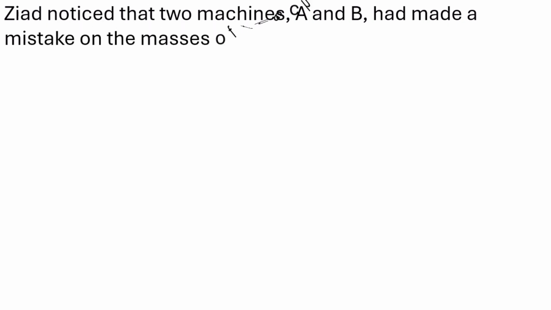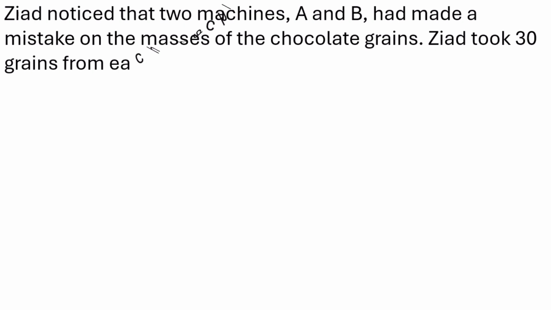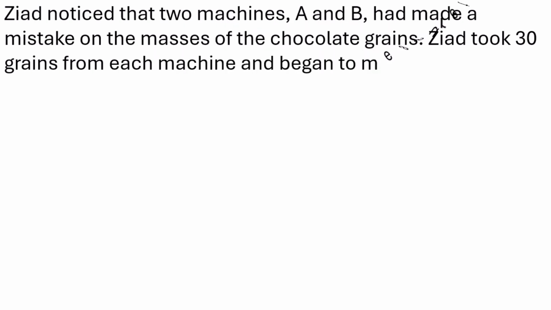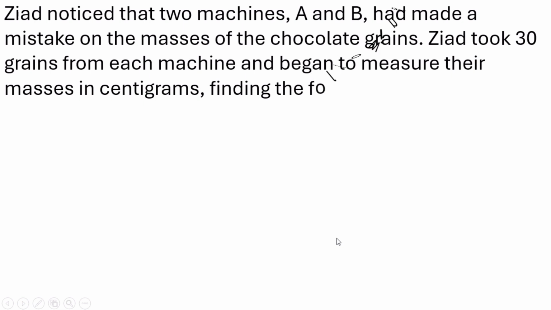Ziyad noticed that two machines A and B had made a mistake on the masses of the chocolate grains. So Ziyad took 30 grains from each machine and began to measure their masses in centigrams, finding the following result.